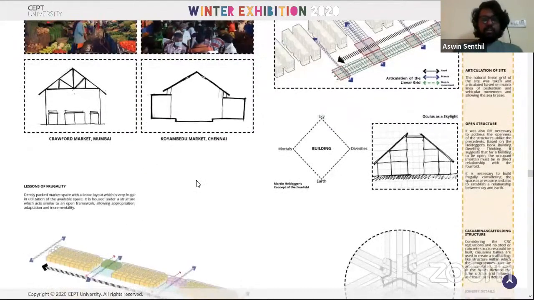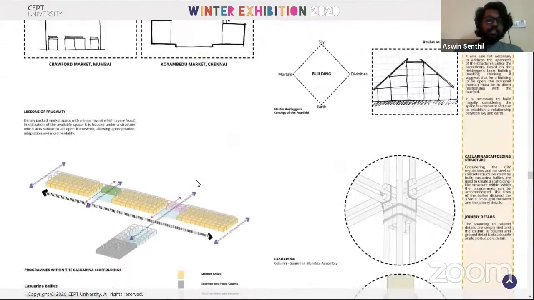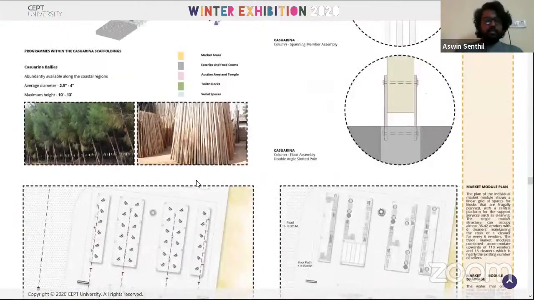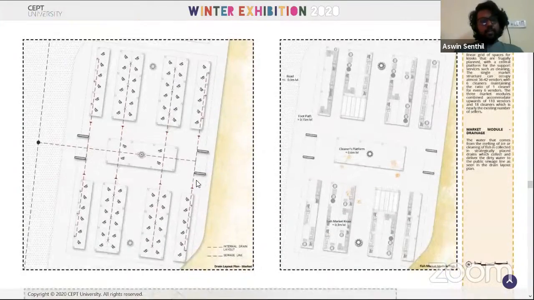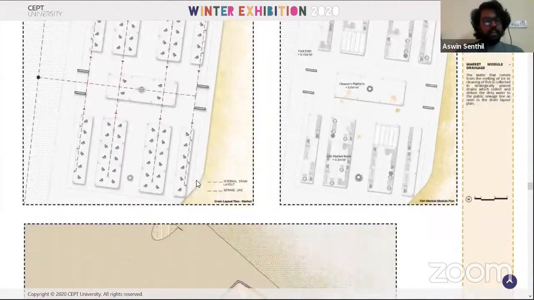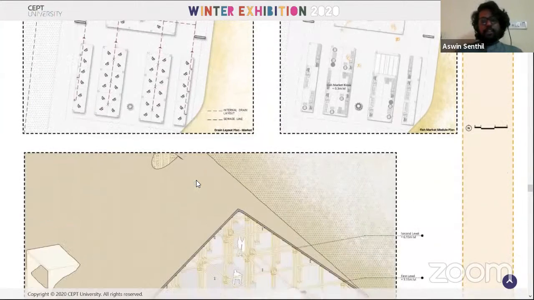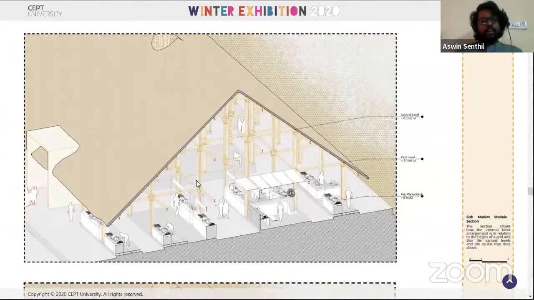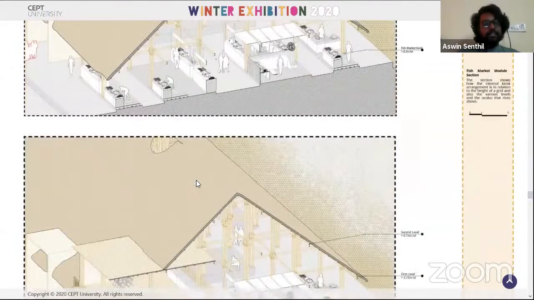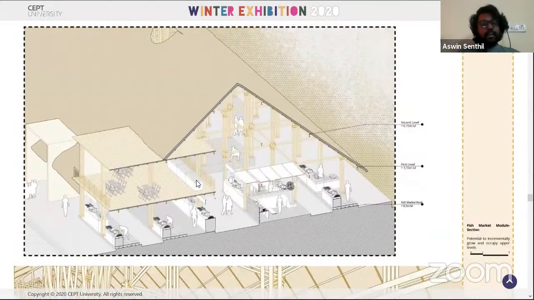So the method of designing was to look into existing models of markets, legitimize them, and reappropriate them. In a frugal way, the building was designed using casuarina gullies, which were abundantly available in the coastal regions and quite lightweight. Considering the CRZ zone, it made sense.